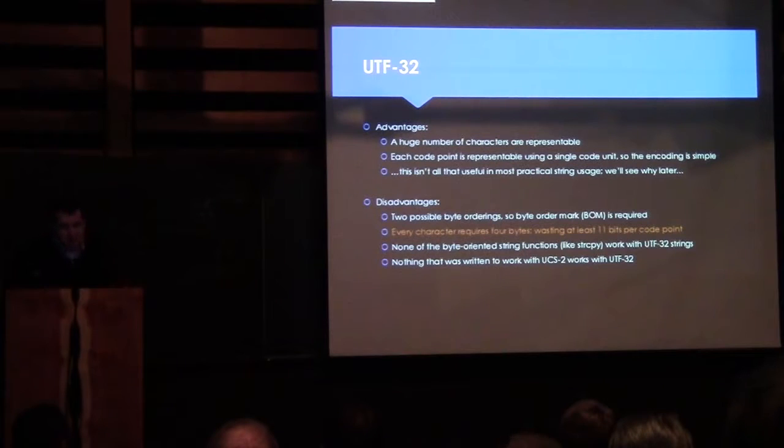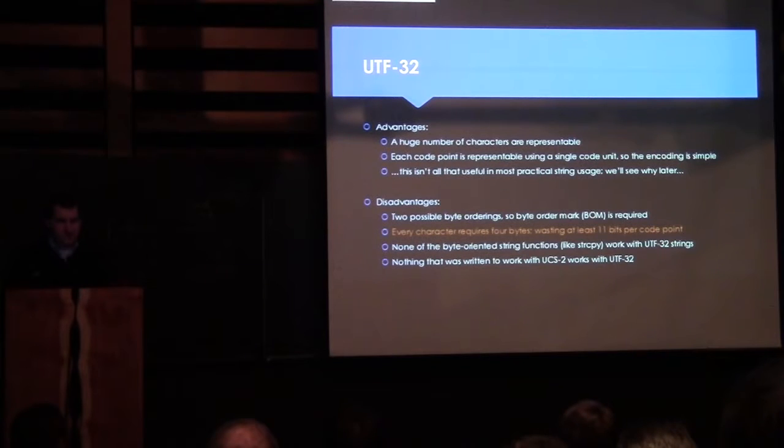So there's a number of advantages to UTF-32. Again, now we can represent an even huger number of characters. Every code point is still representable using a single code unit, and we'll see the distinction between those in a moment. Though this isn't all that useful in most practical string usage, and we'll see why much later in this talk. But there's a bunch of disadvantages here. You still have two possible byte orderings. You need the byte order mark.